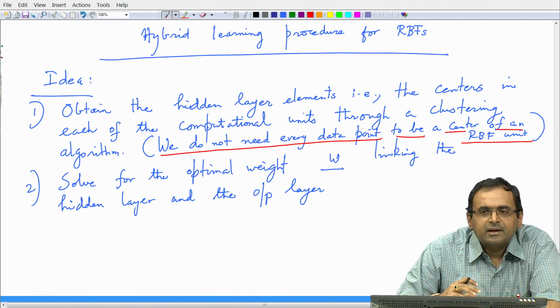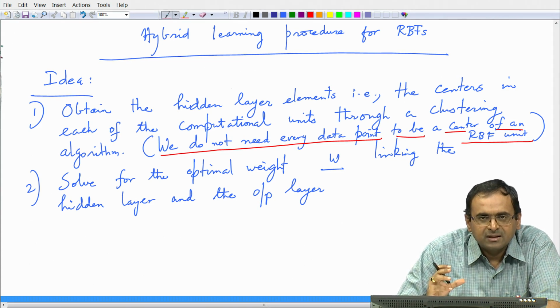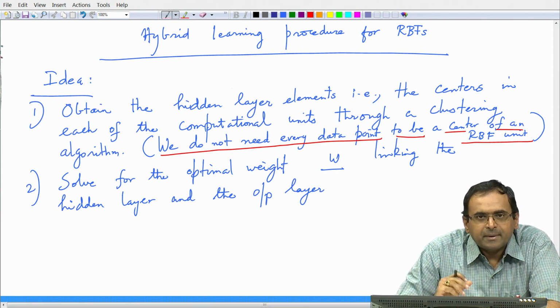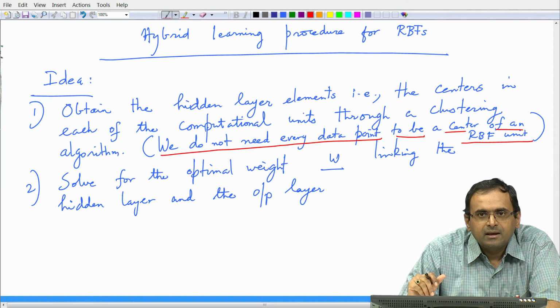We are given a bunch of data points, and from these data points we arrive at some clusters, capital K, which is significantly less than the number of data points capital N to start with.